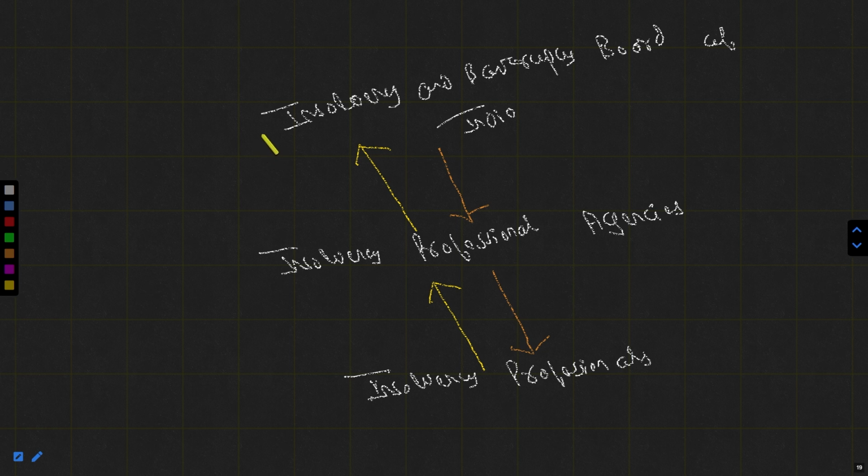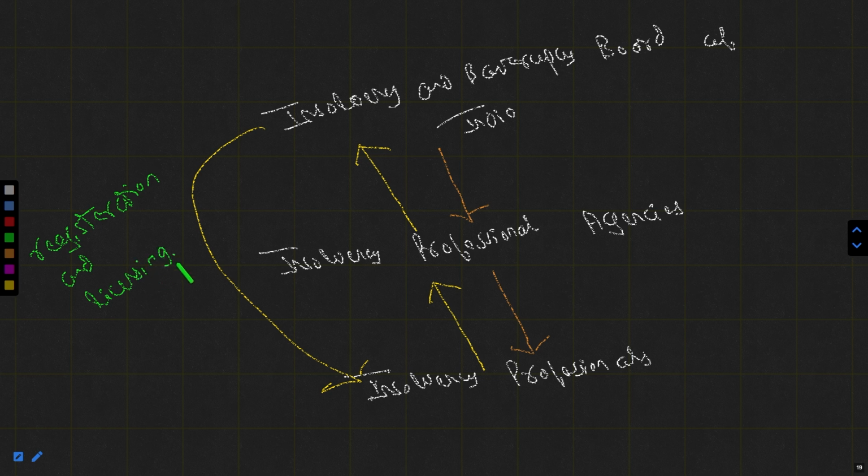Basically, what's happened is that the IBBI provides the registration and licensing to the insolvency professionals, but IBBI does not directly control them.